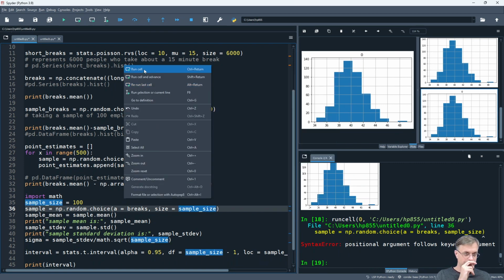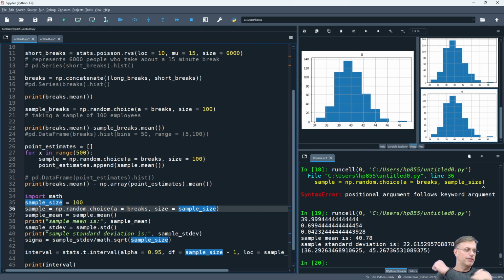Now it's correct. Got it. Okay, now sample mean is 40.78. Sample standard deviation is 22.61, and we got the two values.